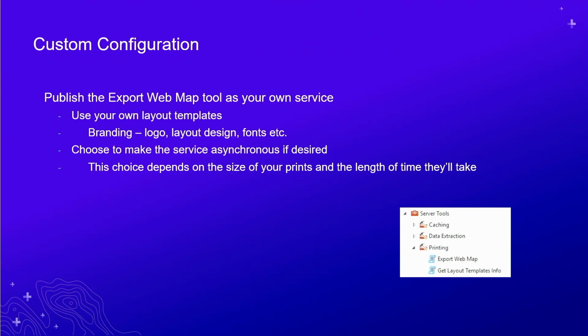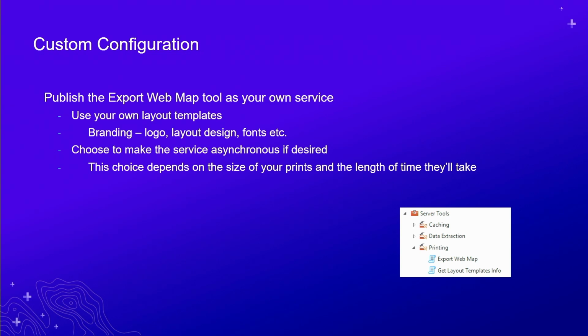All right, and now we'll talk about custom configuration. This is tier 2 of our 3 tiers. When you do this, you'll publish the Export Web Map tool as your own service. Export Web Map can be found in the Server Tools toolbox under the Printing section. And with this, you can bring your own layout templates.